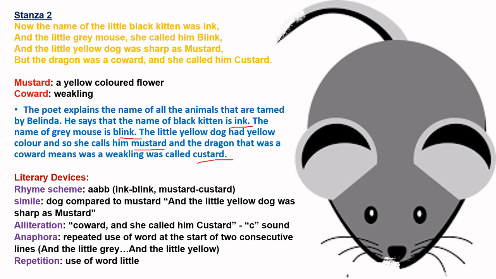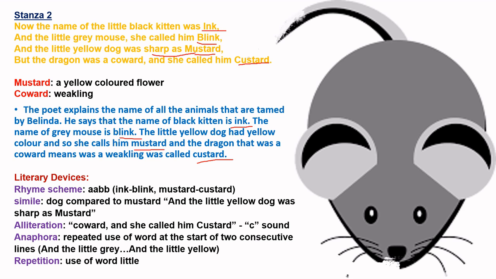Now, the literary devices used in this stanza: you find again the rhyme scheme is the same, A, B, B: ink, blink, mustard, custard. Then again you have simile. Here the dog is compared to mustard, "the little yellow dog was sharp as mustard."